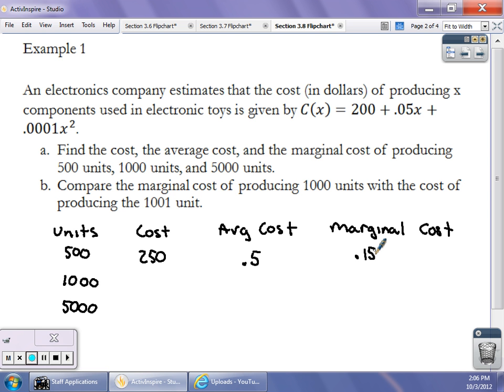For 1,000, we got the total cost to be 350, the average cost to be about 35 cents, and the marginal cost to be about 25 cents.